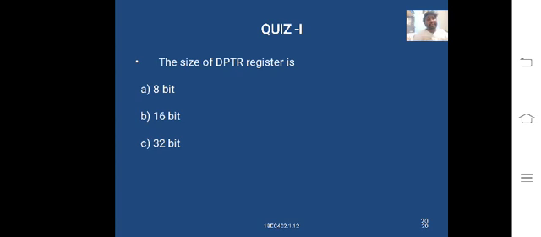The options are 8-bit register, 32-bit register, 16-bit register and 24-bit register. The size of the DPTR register is 16 bits. The answer is 16-bit register.